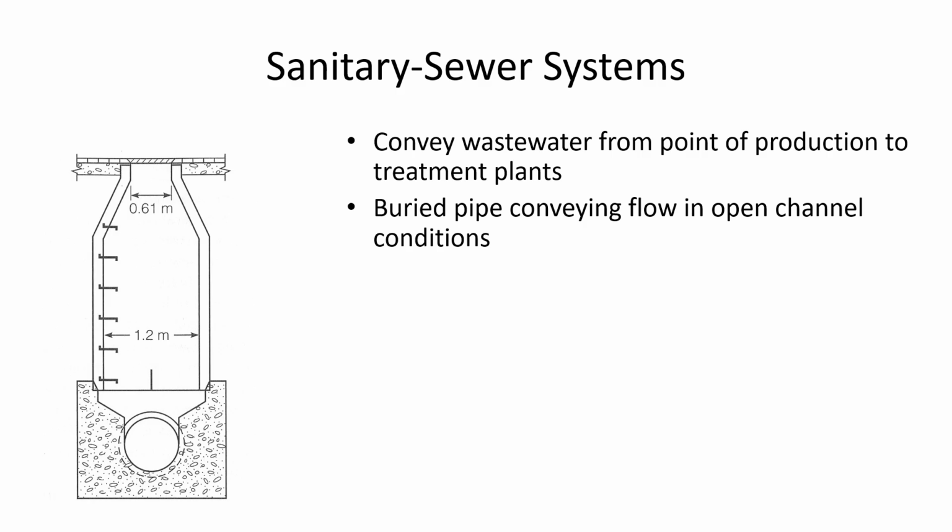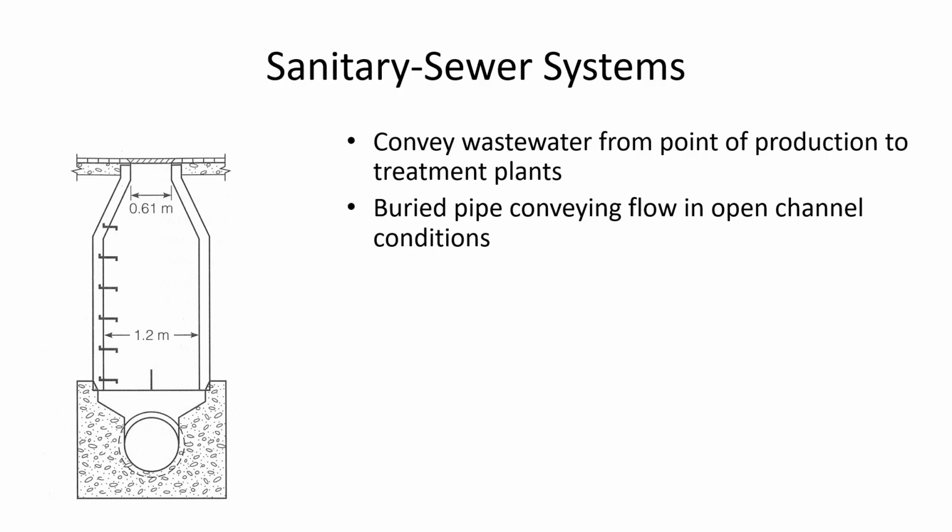Sanitary sewers, which carry wastewater from people's homes towards a treatment plant, or storm sewers, very rarely are going to be full. And so figuring out how big the pipe should be is a little bit more challenging as we combine Manning's equation, which describes flow through an open channel, and the circular conduits.